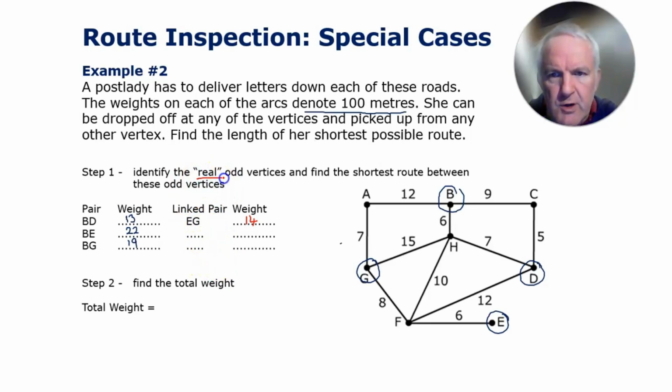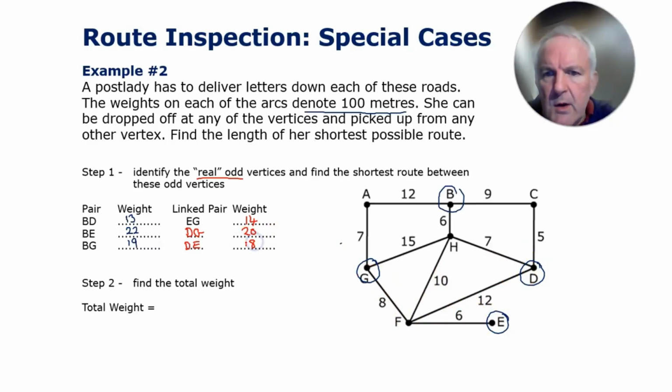Hence the idea of this real odd vertices comment I've made. Anyway, let's carry on this table. BE, if I use BE, that means I've got DG to use. DG looks like across the bottom 20. And if I use B to G, oh, that's D to E left over. And D to E looks like 18.